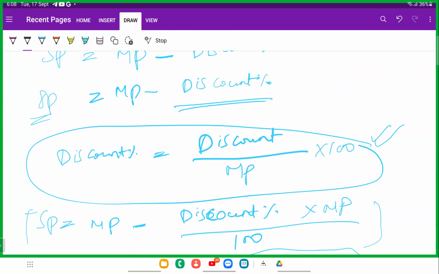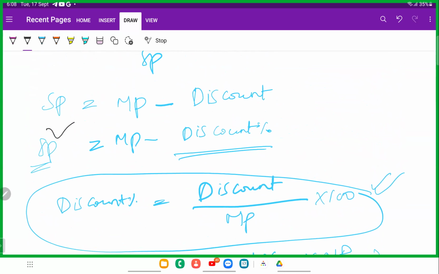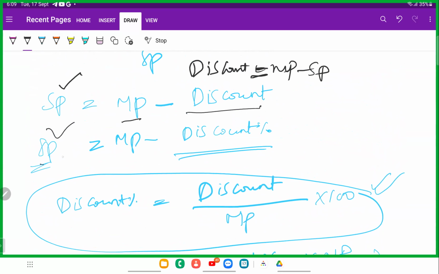So here once again I am repeating this. Selling price is equal to, discount I already told you, discount is nothing but market price minus selling price. So I am making selling price the subject. That will be market price minus discount. You know what discount percentage is?